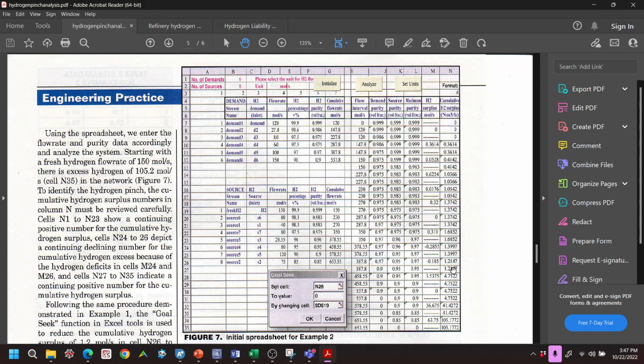N26 is somewhere here, right? This one is 1.2, which is not the smallest one, so I may have misunderstood this, but for sure they will change the hydrogen flow rate, the D19. So let's see.